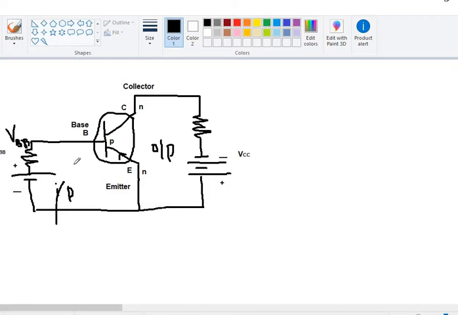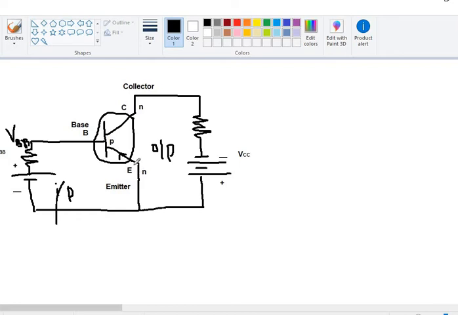Looking at this figure, many things must be clear, that we have a particular type of configuration here. We have three terminals of the transistor.